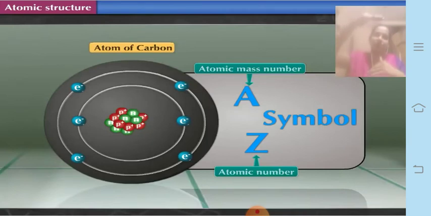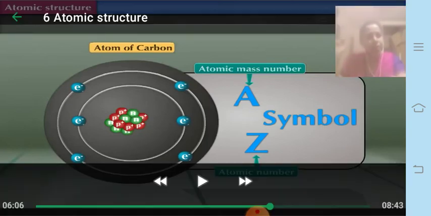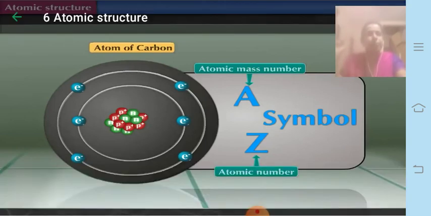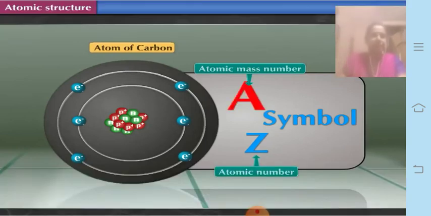The atomic mass number is written up, the atomic number is written down, and the symbol is in between these two. This is how it is represented in the modern periodic table, which you are going to study in standard 10. Let us now take an example.